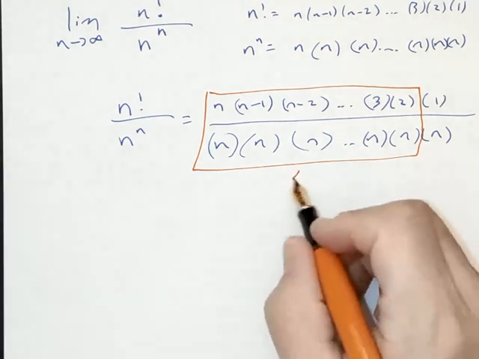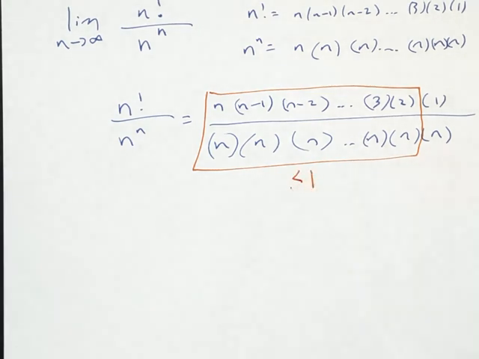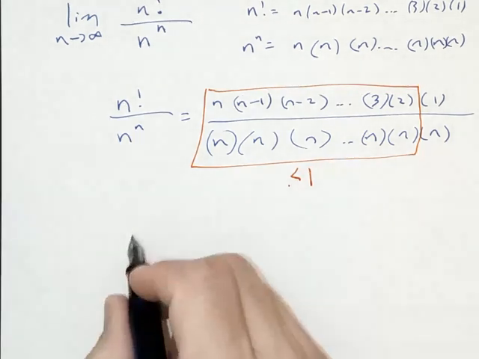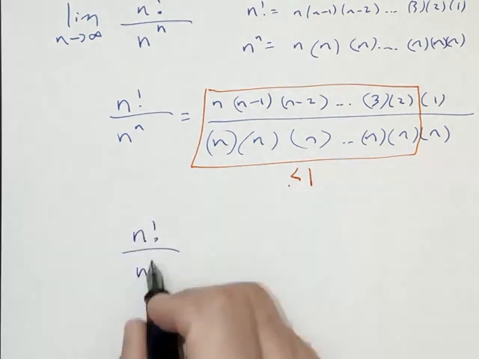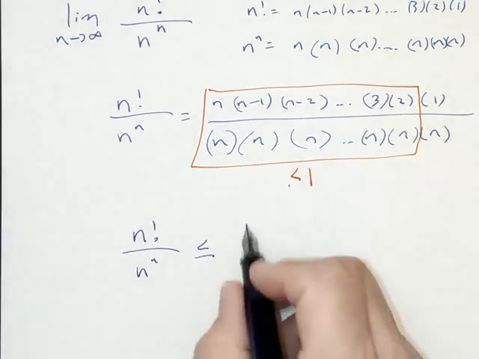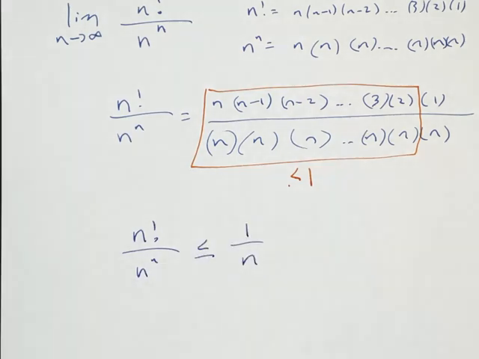This number is less than 1. Which means n factorial over n to the nth can never be bigger than 1 over n. You know what else it has to be? It has to be bigger than or equal to 0.